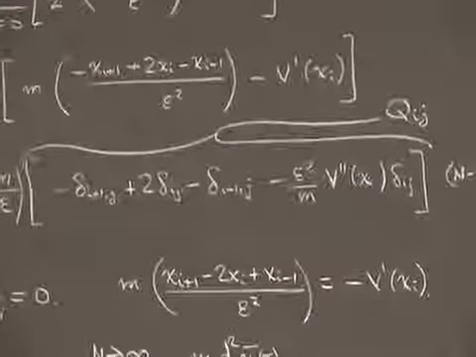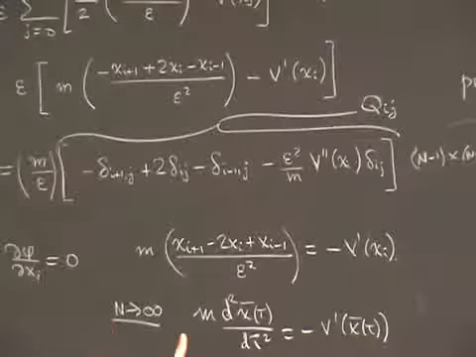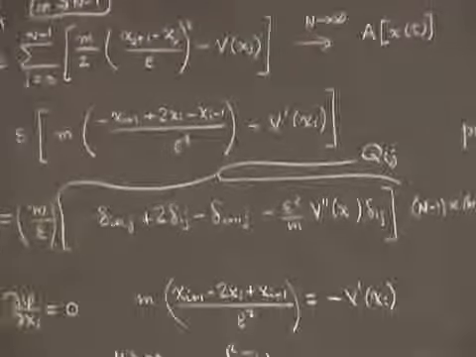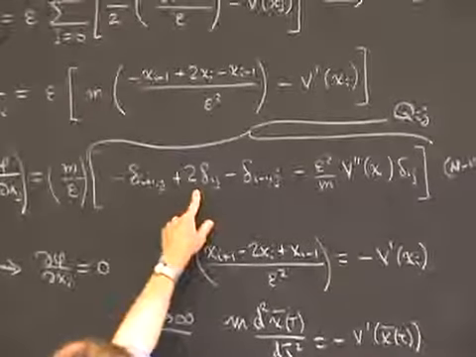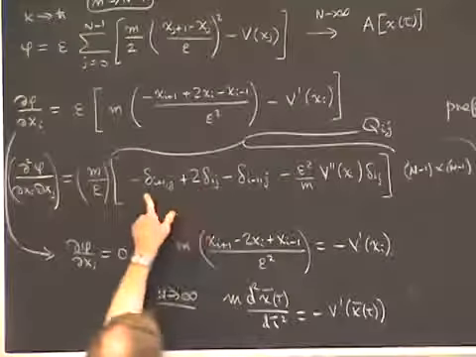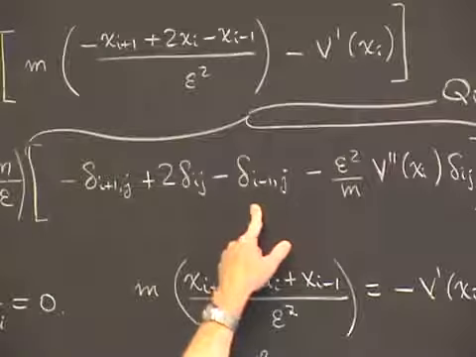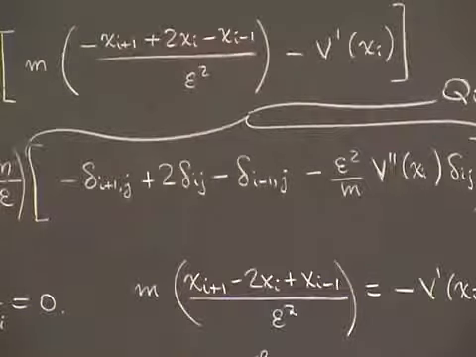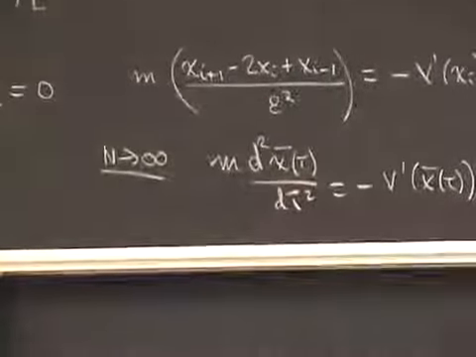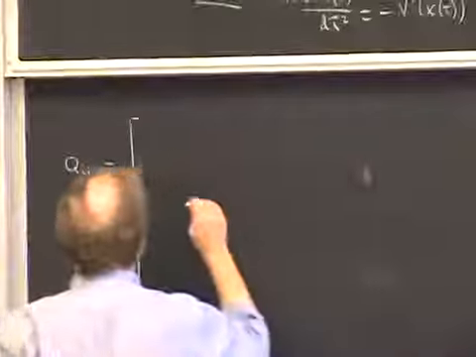So this is Q_ij. Here it is. It's the thing in the square brackets in the middle of the board up above. Let's look at the first three terms. These are Kronecker deltas here. The first term is just 2's on the diagonal. And these terms here with minus signs are minus 1's on the upper and lower off diagonal elements. So if I just take those first two terms, the right Q here is a big matrix. It is indeed big.